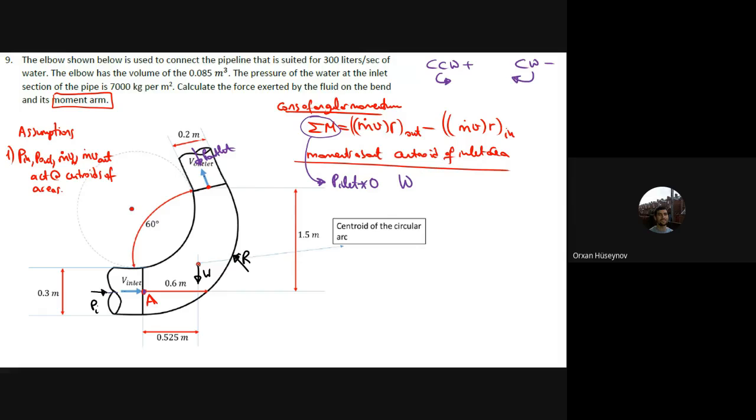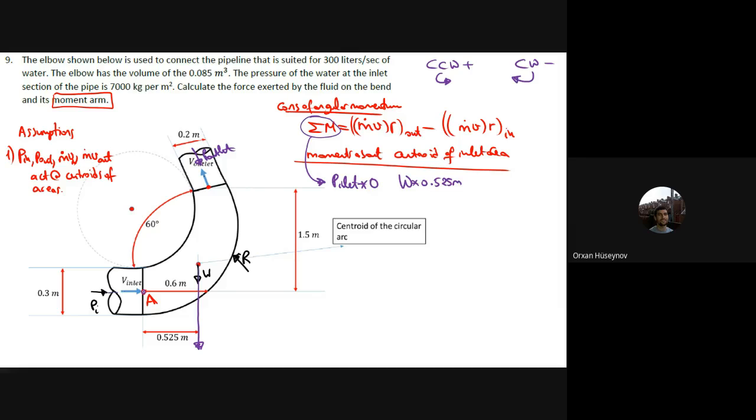You can tell me the value from this figure, from these dimensions. We can consider clockwise or counterclockwise, but we will take counterclockwise moments as positive, and clockwise moments as negative. Weight acts here, and I can extend the line of action of the weight, it is not a problem, but with respect to point A, its moment arm is 0.525 meters.